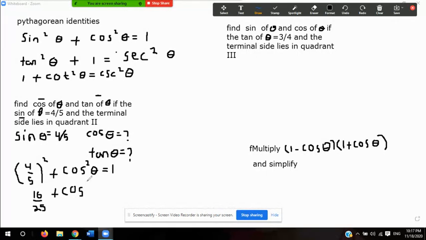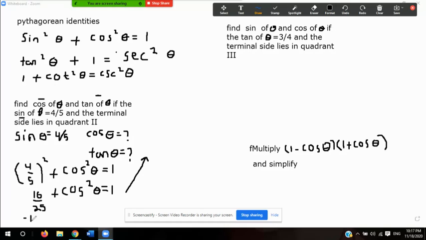Cosine squared of theta equals 1. So all I'm going to do now is continue over here. I'm going to solve for cosine, and what that means is I'm going to subtract by 16/25.